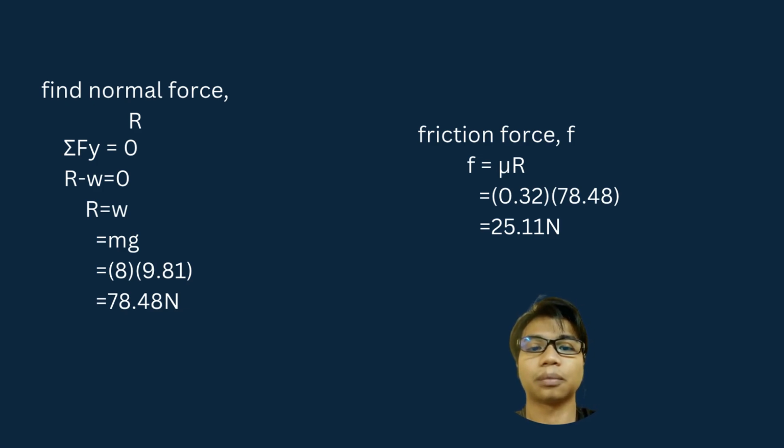And then proceed to find the friction force by using the formula F equal to mu N, where our mu is given, the coefficient of friction is 0.32, times our normal force, which is 78.48, and we will get our friction force is 25.11 newtons.